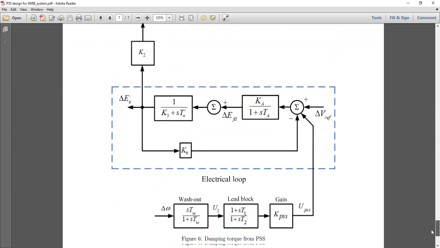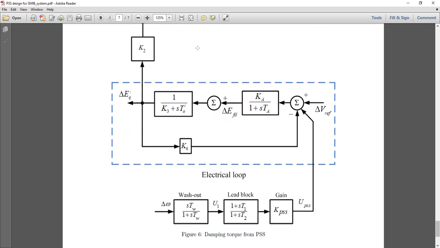Now you look at this carefully. I simply dropped this. So you see, it is GC, KPSS. The whole thing over here is what? It is GEX multiplied by K2.